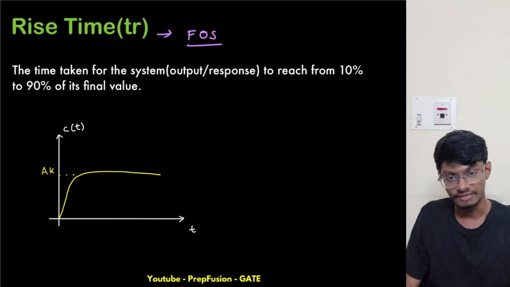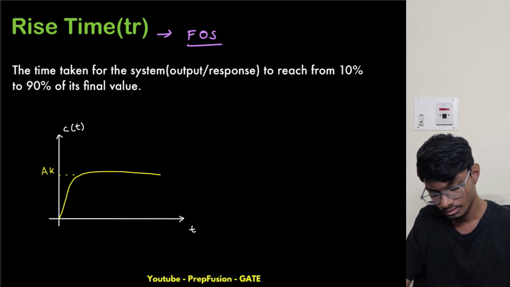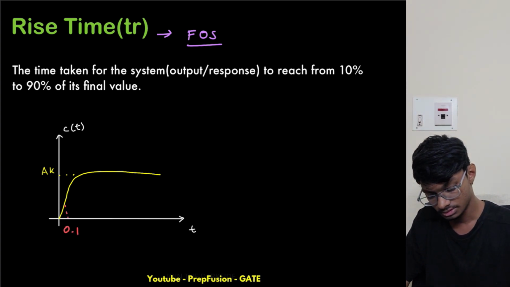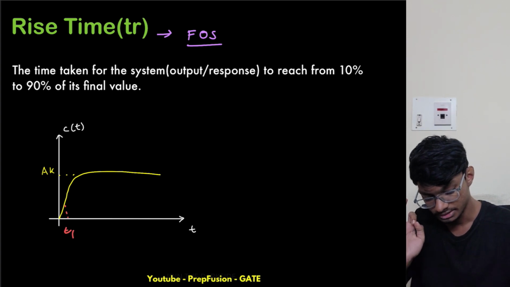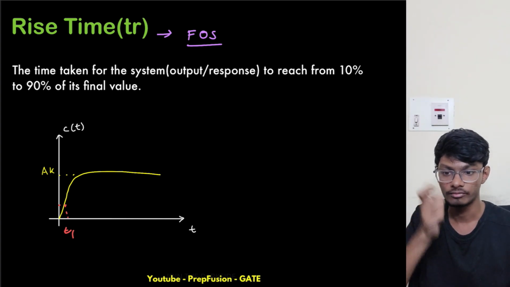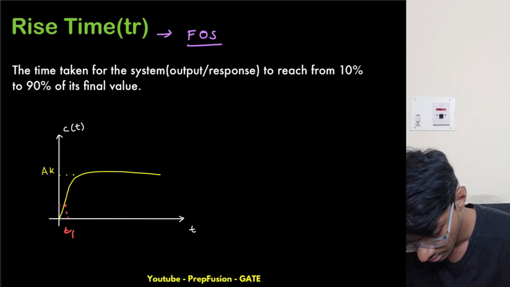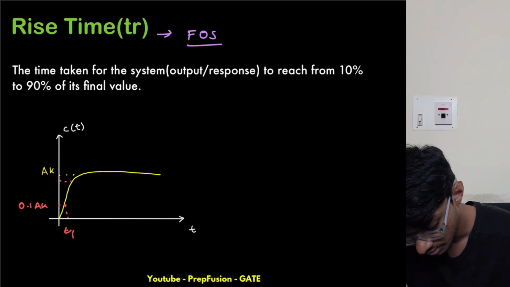So graphically, what I can see is this. Let's say this is my T1, where my response reaches 0.1 of AK, and this is my T2, where my response reaches 0.9 of AK.